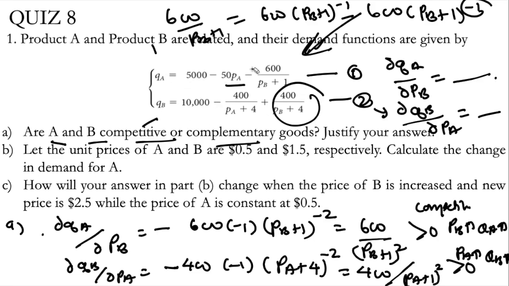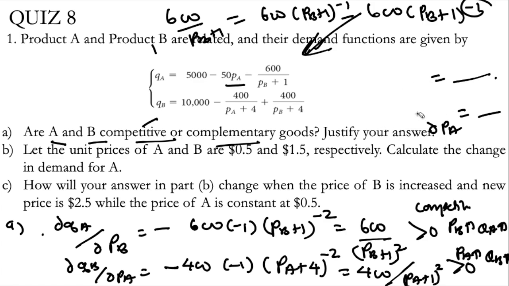Next, part B: let the unit prices of A and B be 0.5, or 50 cents, and 1.5. Calculate the change in demand for A. So here, the change in demand for A is this one.